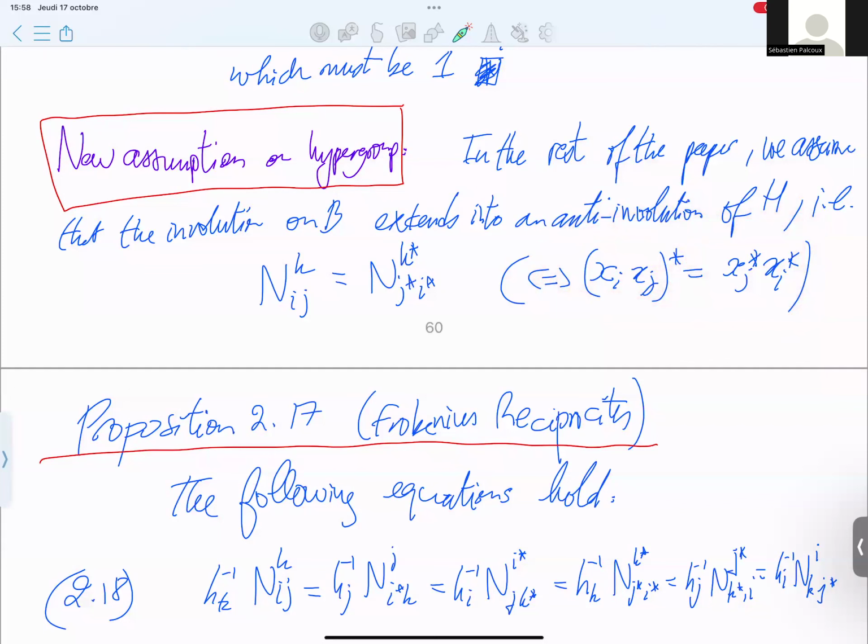But if you are not in the star algebra framework, you just need to assume that the involution really works like that. So the involution of the product permutes like that. And it can be reformulated in terms of fusion coefficients, for all i, j, k: N_ij^k equals N_j*i*^k*. You cannot deduce that from the definition, but what you can deduce from that is the Frobenius reciprocity.